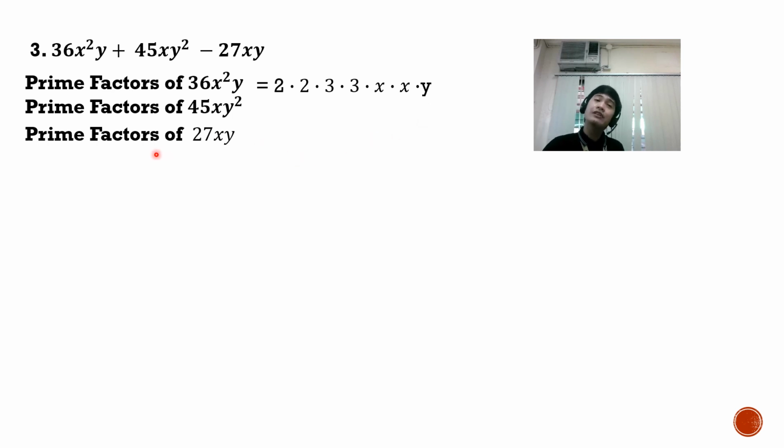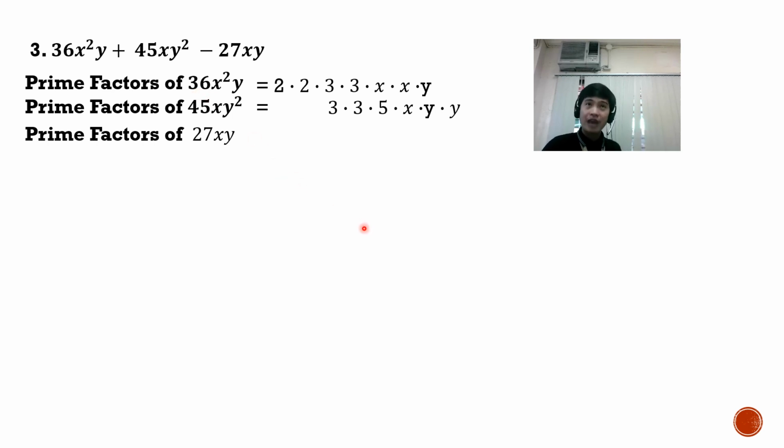Next is getting the prime factors of 45xy squared. And the prime factors of 45xy squared will be 3 times 3 times 5 times x times y times y. Let's try to scrutinize. 45. Sir, bakit di na lang 9 times 5? Oh, sabi natin kanina, it should be prime numbers, prime factors.